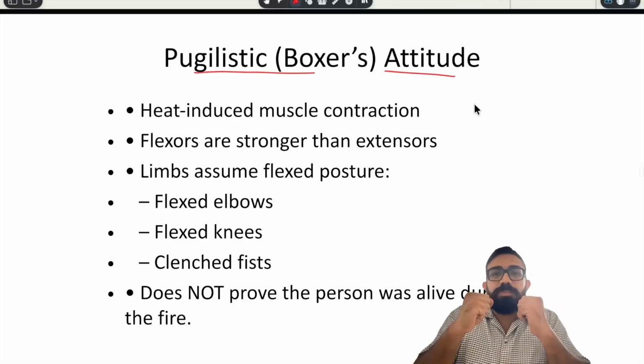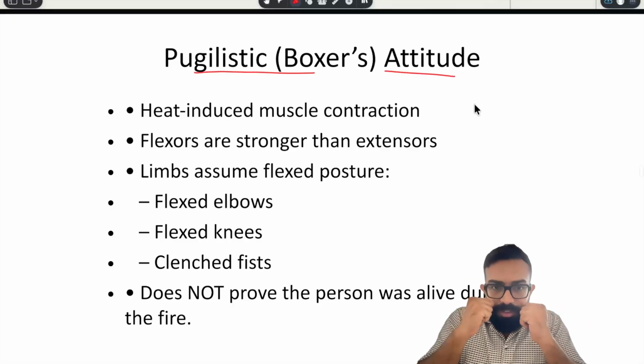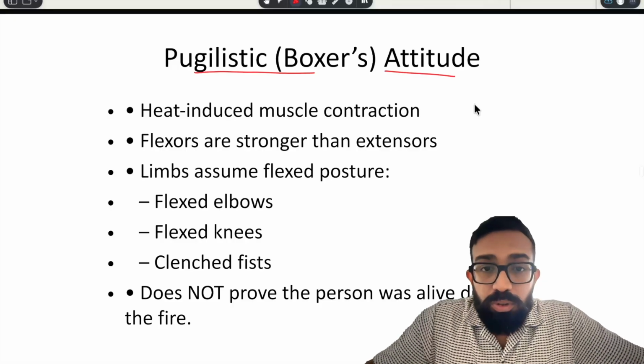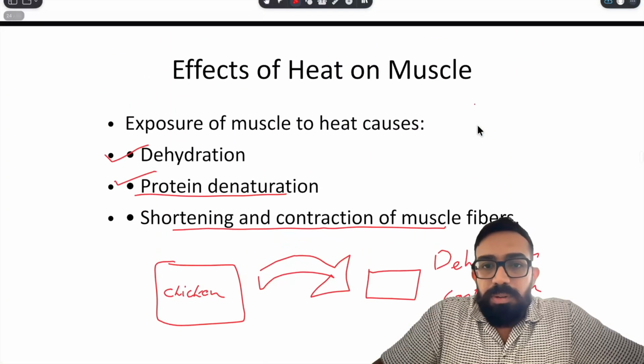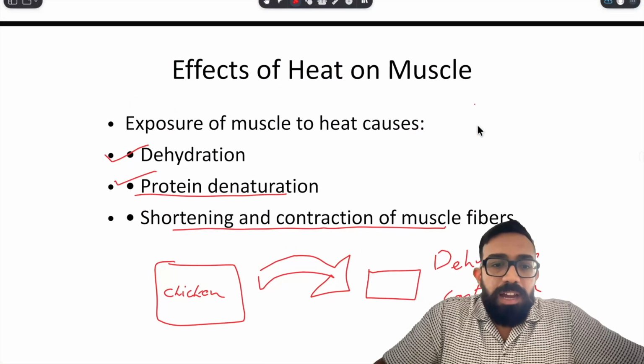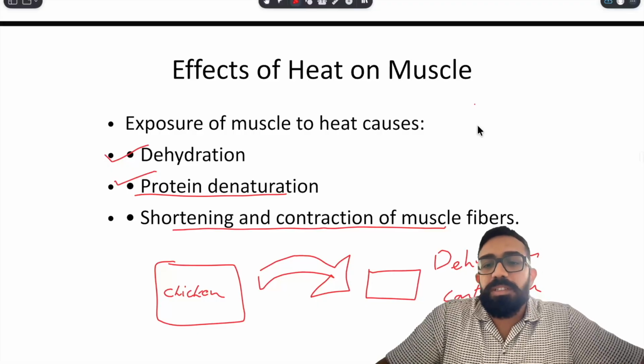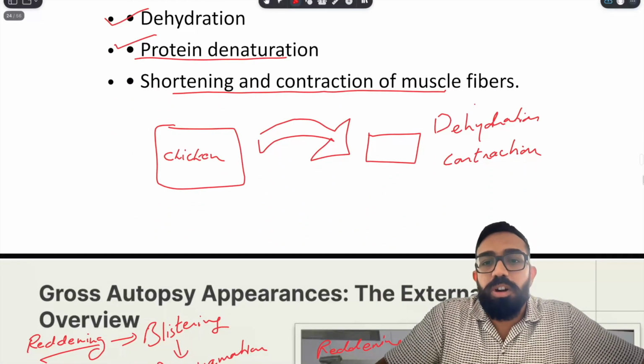This is called the pugilistic attitude or boxer's attitude. I told you two slides back about the effects of burn on the muscle: the muscle dehydrates and the muscle contracts.